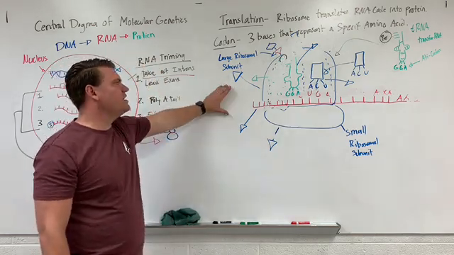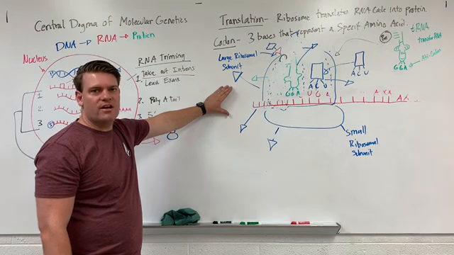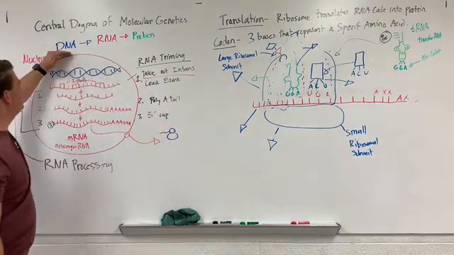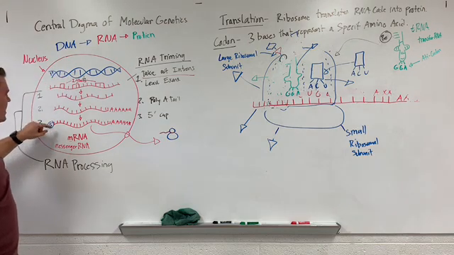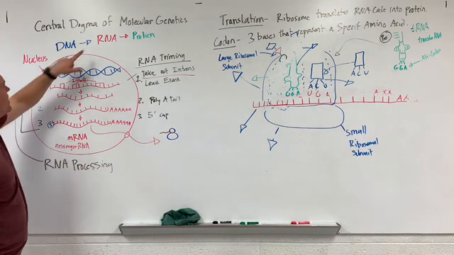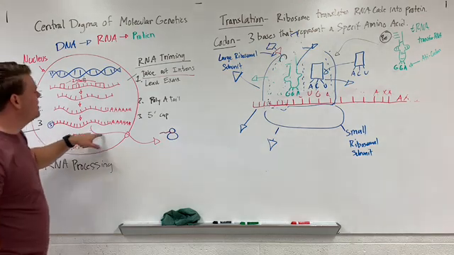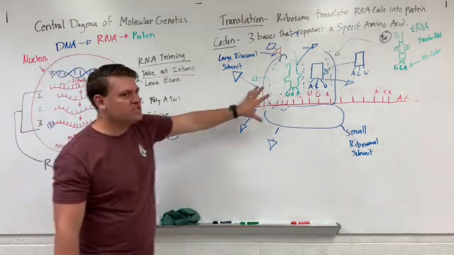But you can see here now that this is how we go from a DNA by going through transcription, processing that transcribed RNA into an mRNA. The mRNA comes out, finds our ribosome.